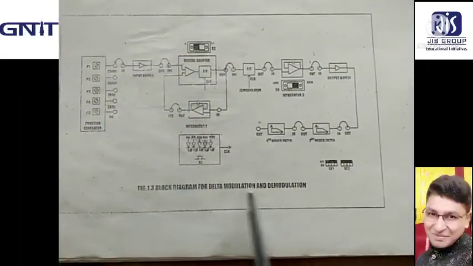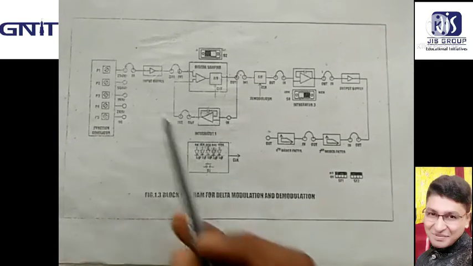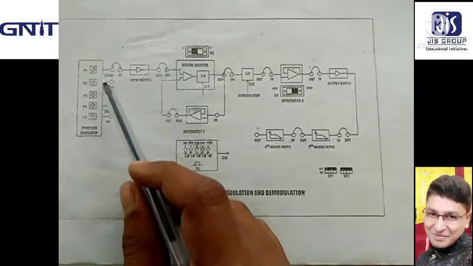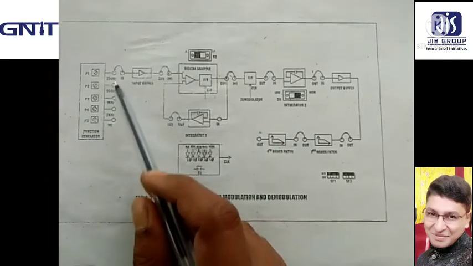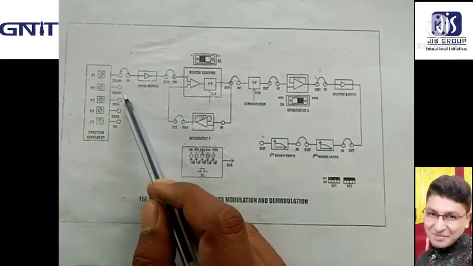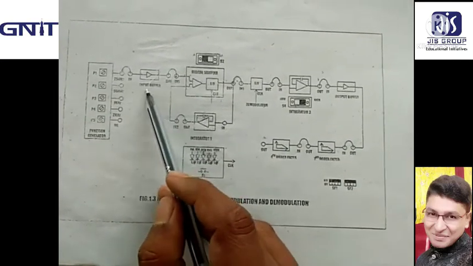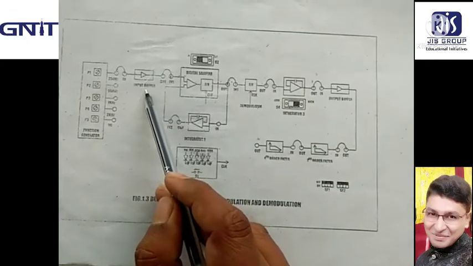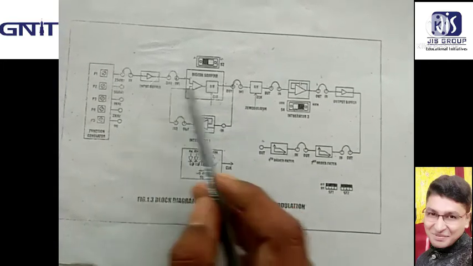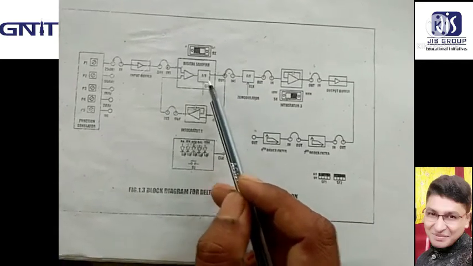This is our block diagram for delta modulation and demodulation. This is the function generator, 250 Hz, 500 Hz, 1 kHz, 2 kHz and so on. This section is the input buffer section, and this section is the digital sampler section.